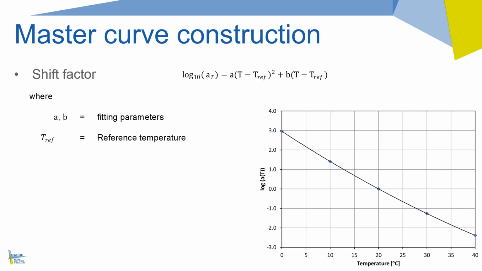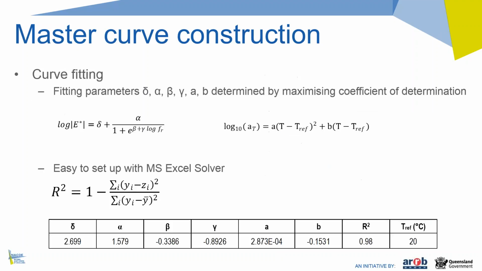So to get the shift factor you need to determine A and B, and to get the master curve you need to determine alpha, beta, gamma, and delta. And that we do in an Excel spreadsheet.